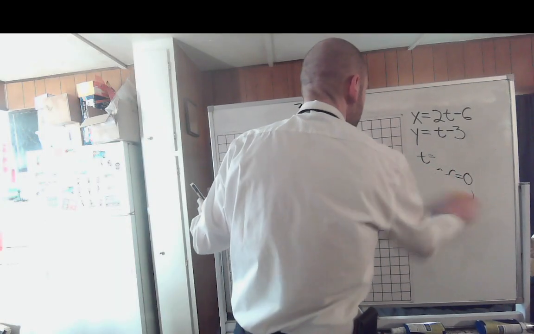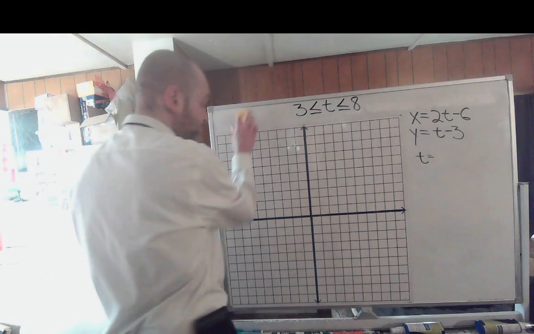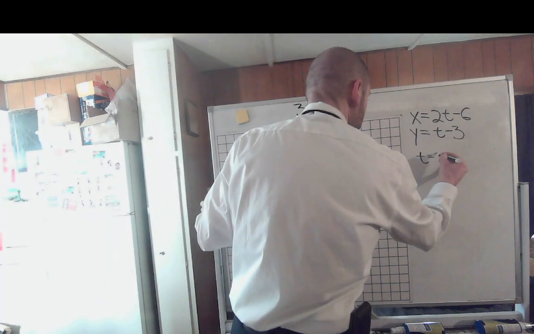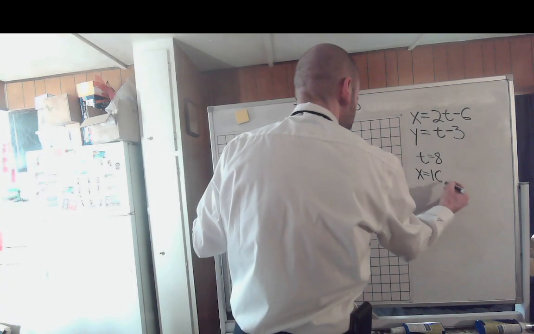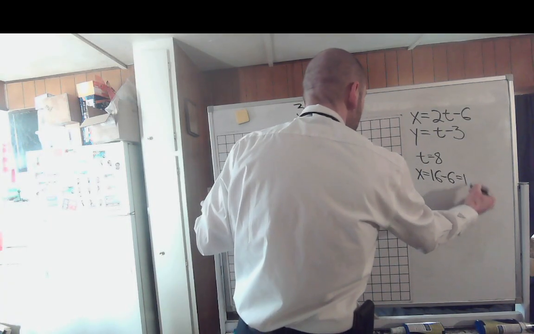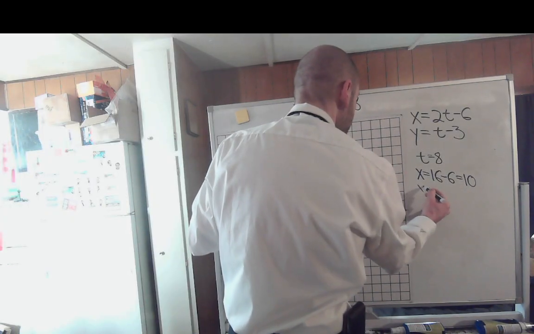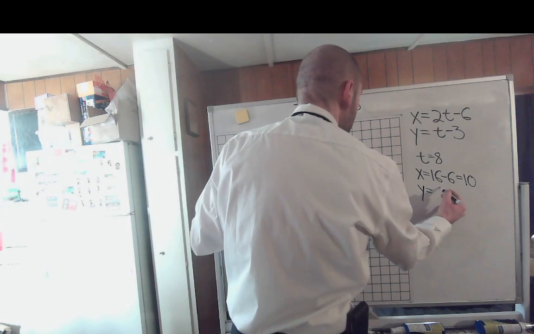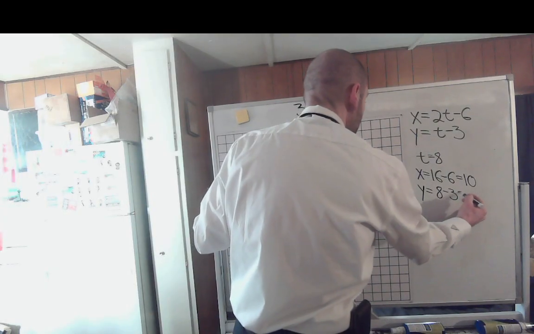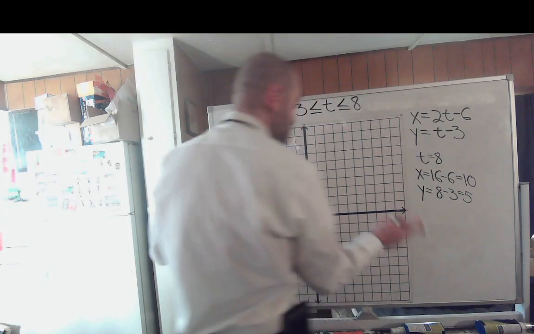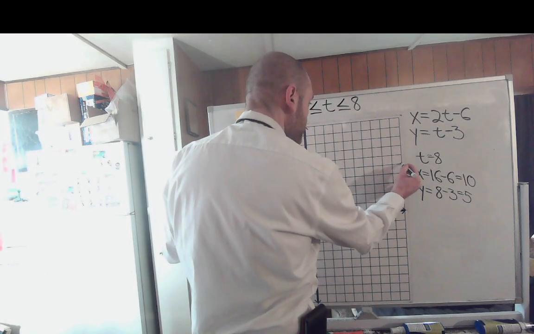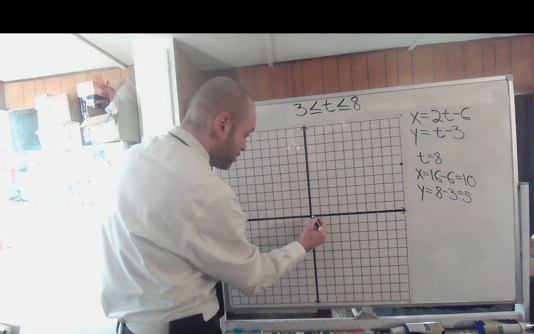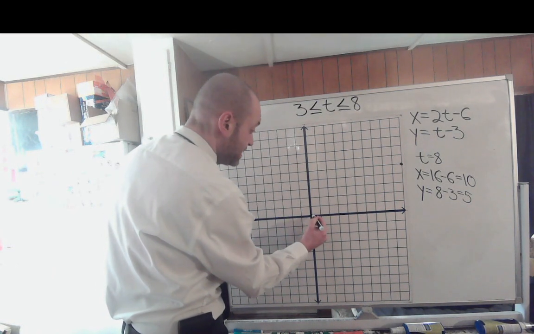Let's go to the end of our domain. So t equals 8, so x would equal then 16 minus 6, which means x would be 10. And then y would equal, of course, 8 minus 3, which would be 5. So you're going to have the coordinate 10, 5, which would be right there when you have t equals 8.